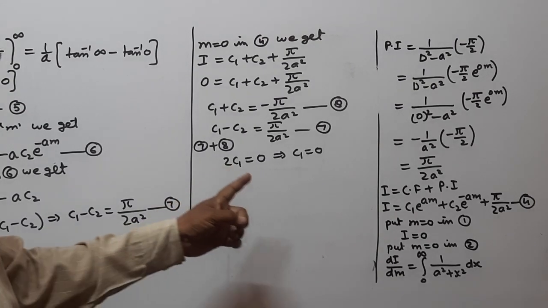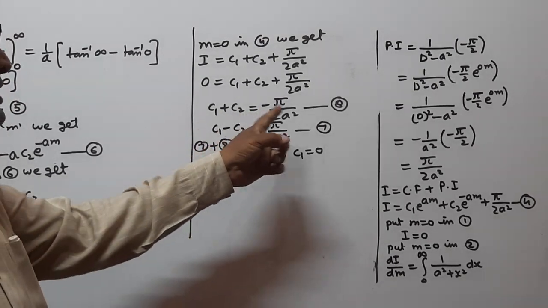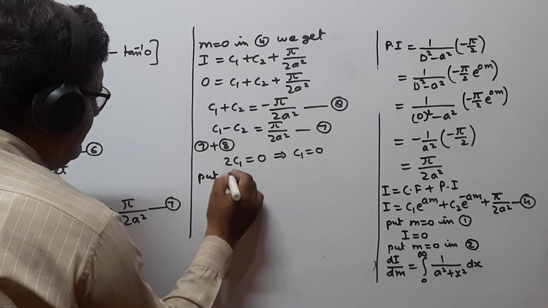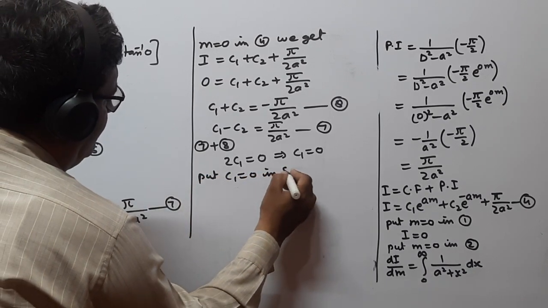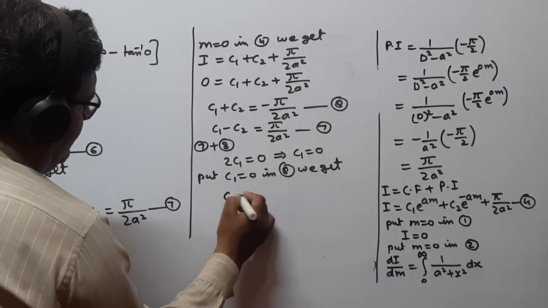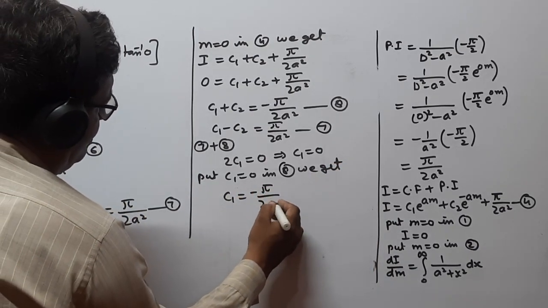Now when we put c1 is equal to 0 in equation 8, we get c2 is equal to minus pi upon 2a square.